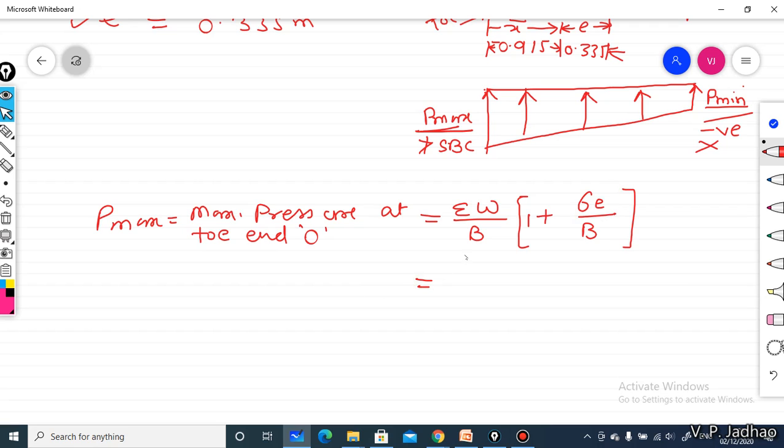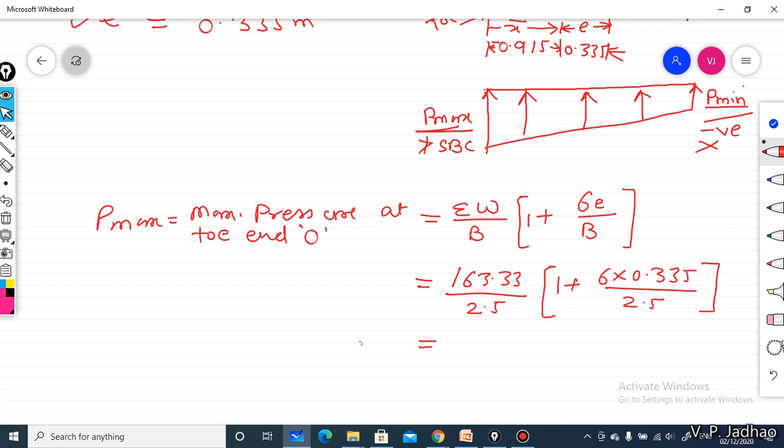We have summation of W as 163.33, base width of slab is 2.5, 1 plus 6 times eccentricity, which we have already calculated as 0.335, divided by base width of slab 2.5.